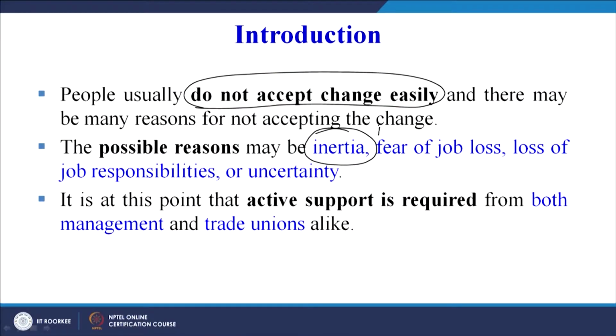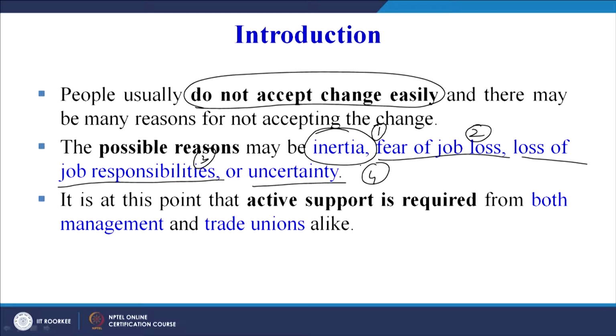And there may be many reasons. Now what can be the reasons? One of the possible reasons I have already told, it can be the inertia. Second one can be fear of the job loss. Third can be loss of job responsibilities. Fourth can be uncertainty.